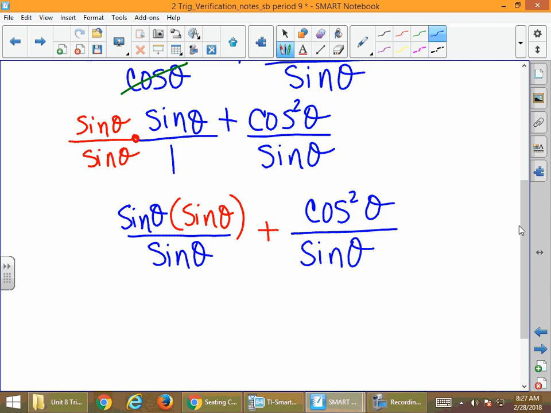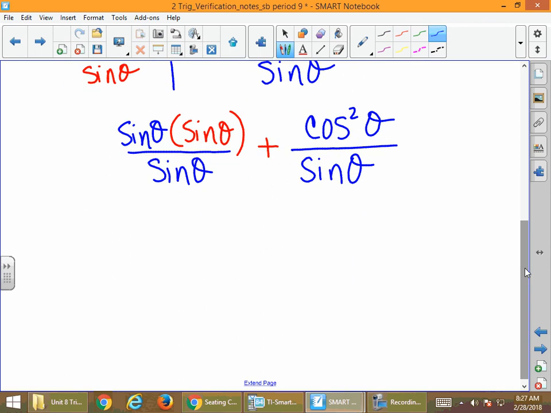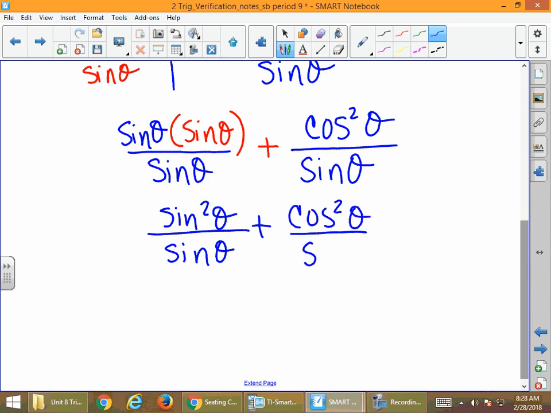So let's simplify this a little bit more. Sine times sine is sine squared. And then over here, this didn't change. The cosine squared theta over sine of theta. We're still eventually trying to turn it into cosecant.